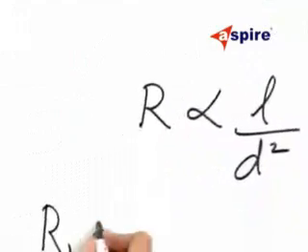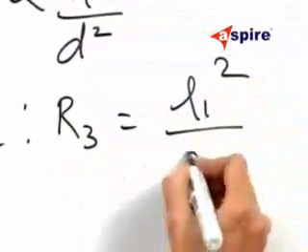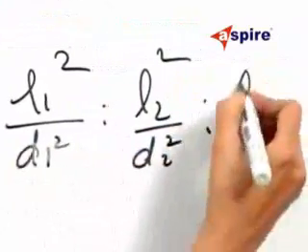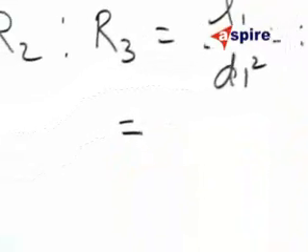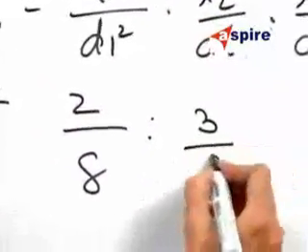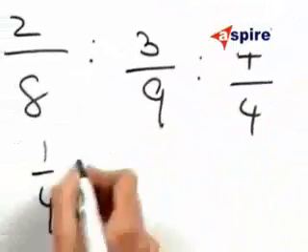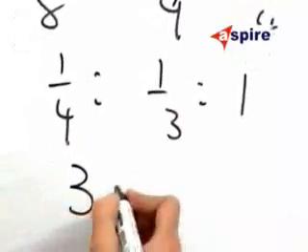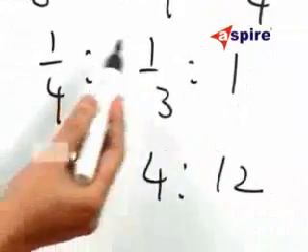Now let us find R1 : R2 : R3. L1 squared by D1 squared, L2 squared by D2 squared, L3 squared by D3 squared, which will come out to be 2 by 8 : 3 by 9 : 4 by 4, that is 1 by 4 : 1 by 3 : 1, otherwise it is 3 : 4 : 12, taking LCM as 12.